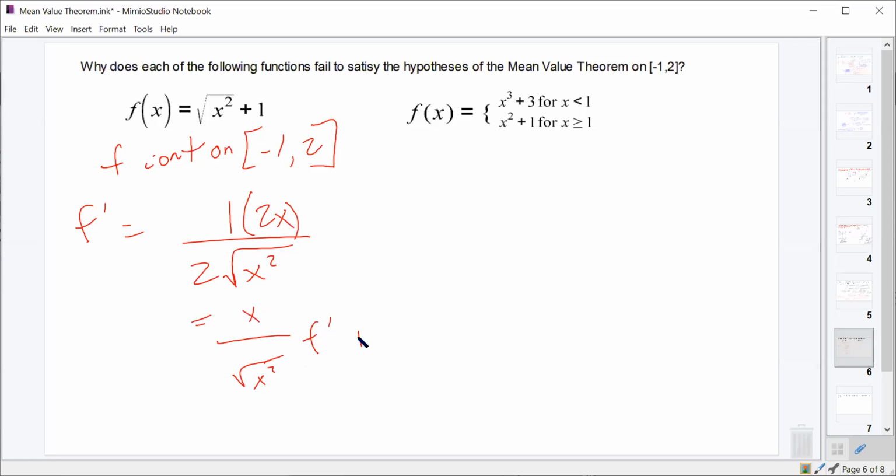No, f prime does not exist at x equals 0, right? So this one fails to satisfy the second part of the hypothesis, that it has to have a derivative that exists on the entire open interval. And we don't have that, right? 0 is between -1 and 2, and our derivative doesn't exist at 0.